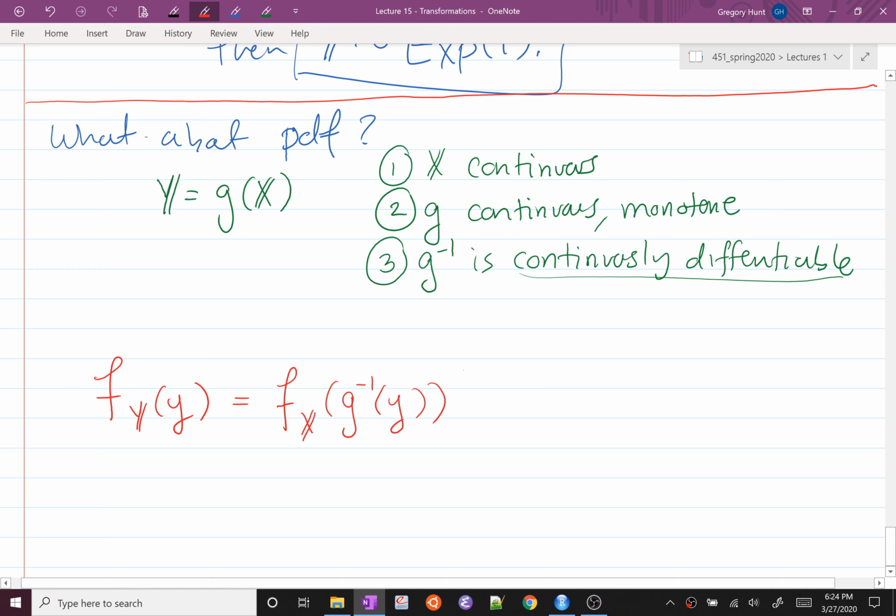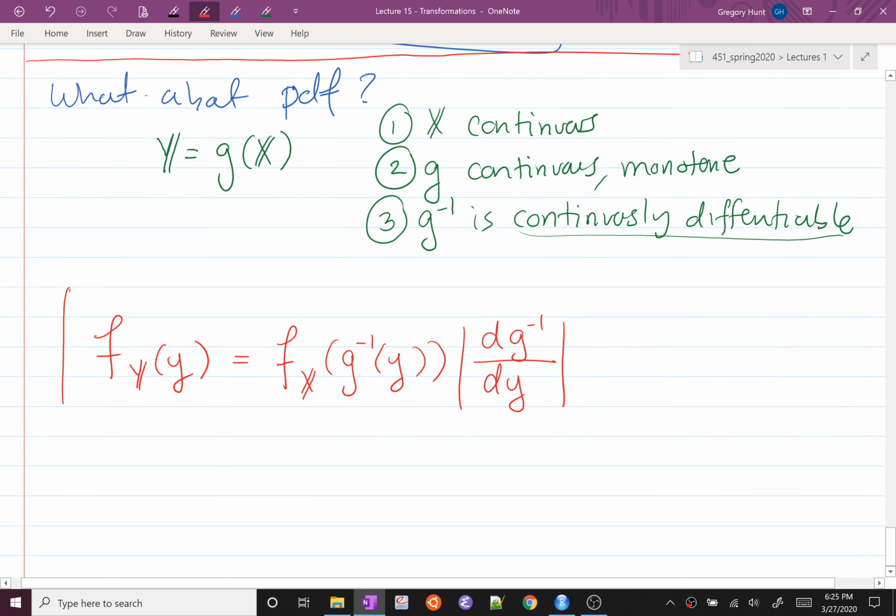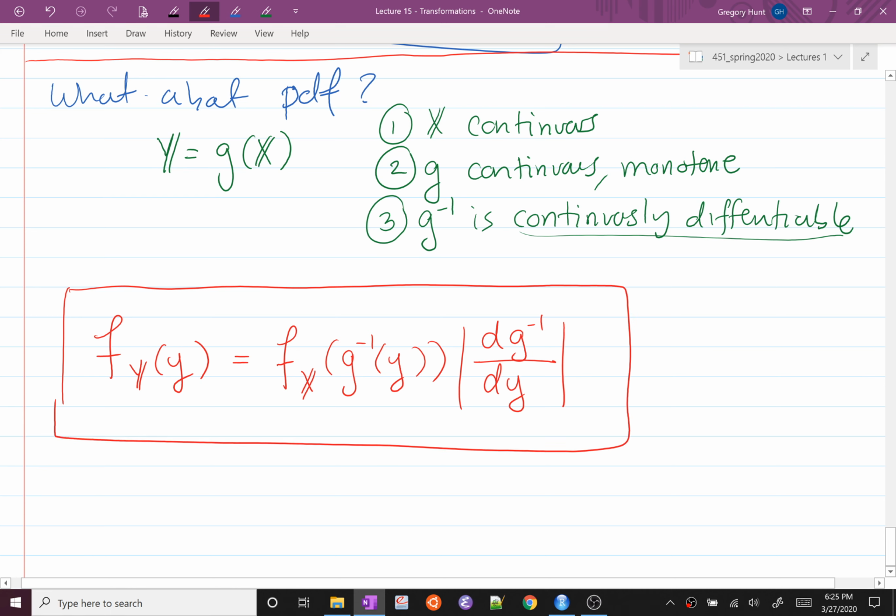But now in the continuous case, I have to multiply by the derivative of g inverse with respect to y. And I have to throw absolute values on that. So this is the formula to remember. It is basically the change of variables formula from Calc 3.